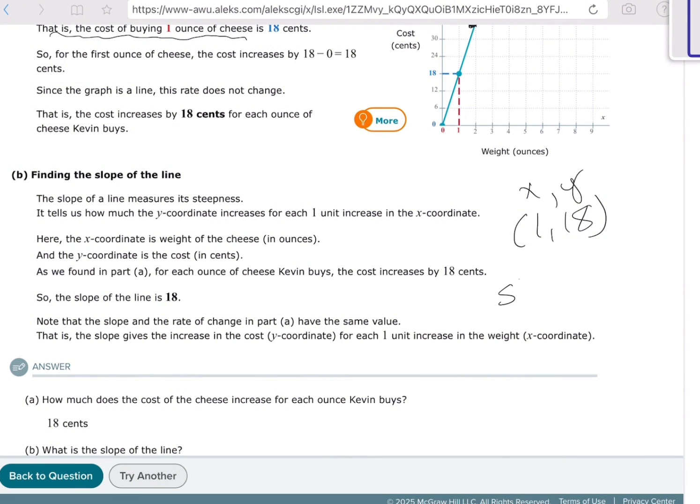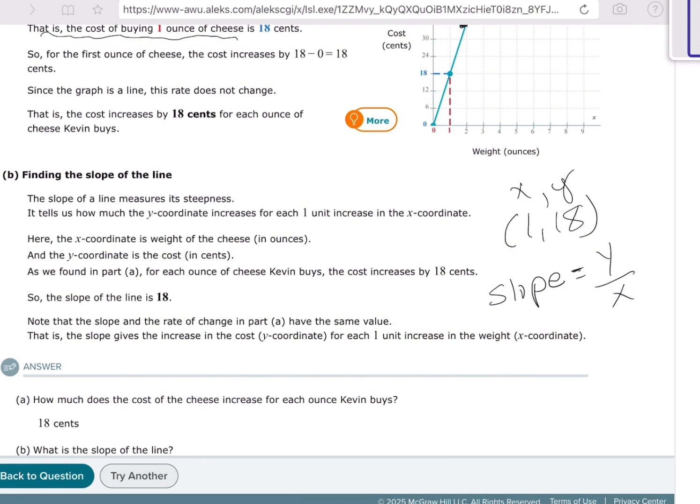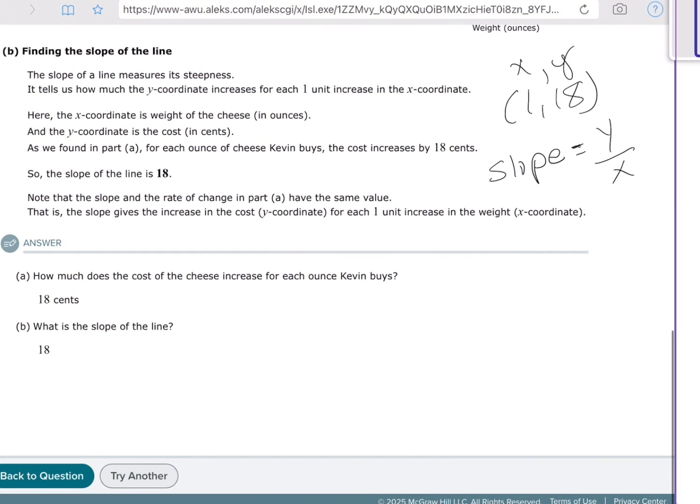So the slope is equal to y over x. That is not always as easy, but for the purposes of this, we can just use that. So the slope of this line, it says how much does it cost, and that's 18 cents, and then the slope of the line is 18.